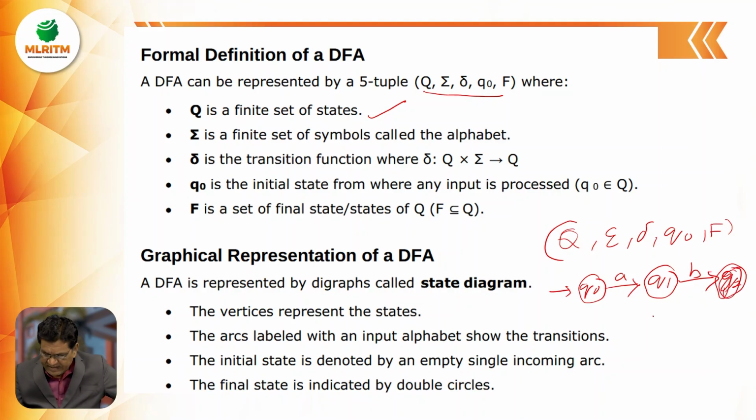There is also a hang state, so every state has two edges, a and b, and the hang state loops to itself on a and b. Q is the set of states: q0, q1 and q2, plus the hang state or dead state. That is the set of states.